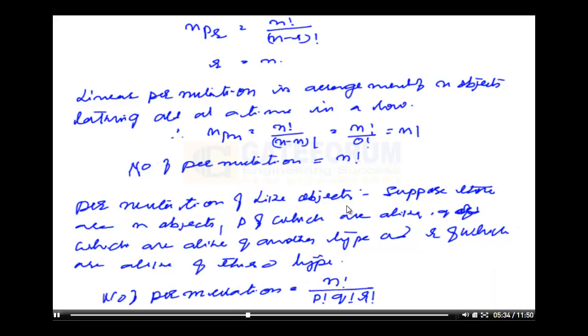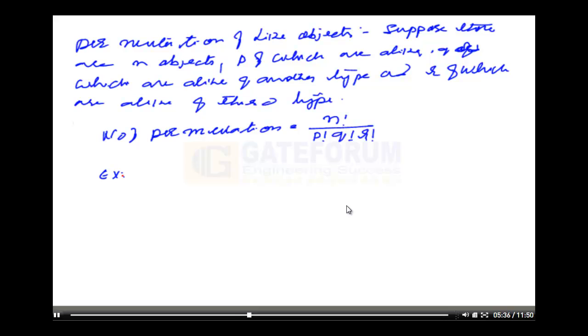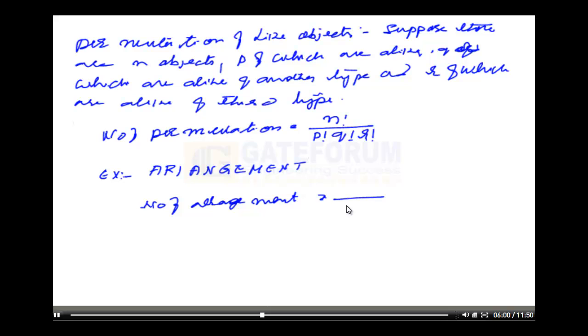Let us take an example, the word ARRANGEMENT. The above word can be arranged here, or I can say the permutation equals, totally we have 11 letters, so 11 factorial if all are different.